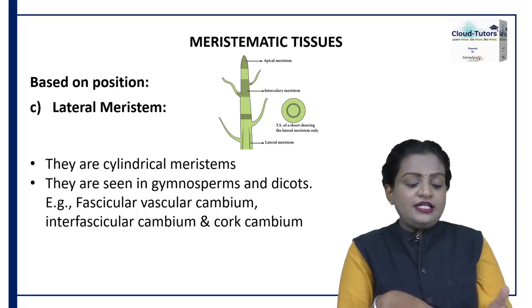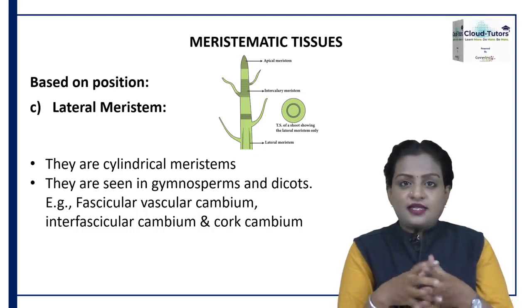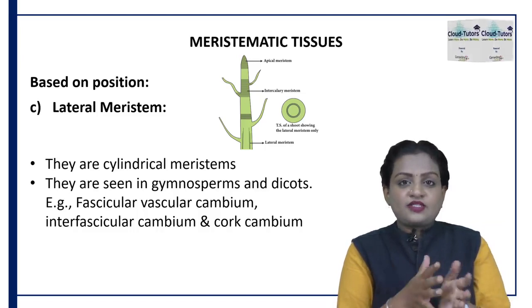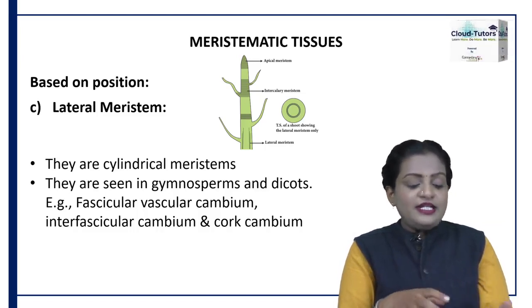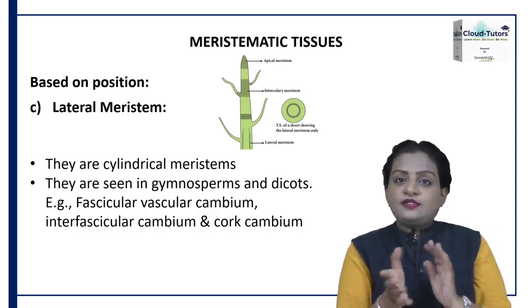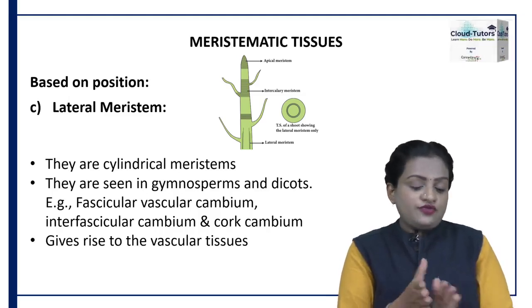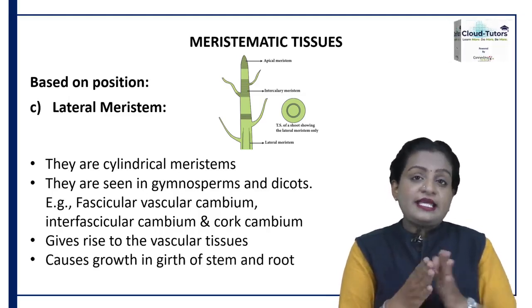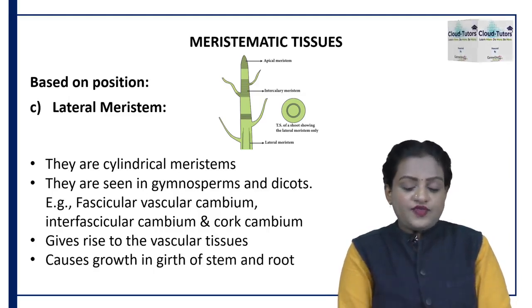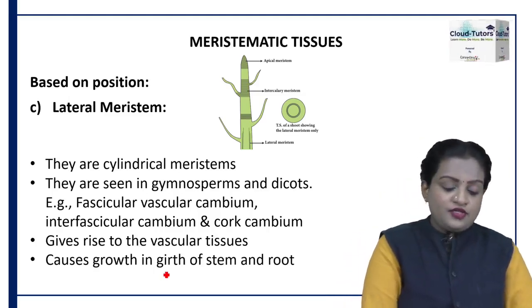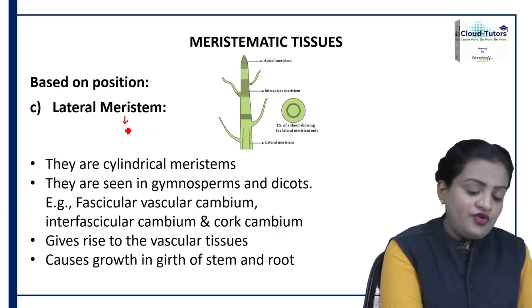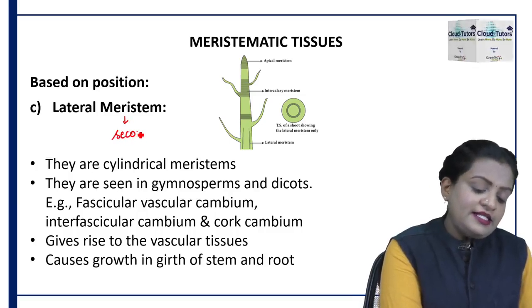That is, fascicular vascular cambium is present in the vascular bundle, between the interfascicular cambium present between xylem and phloem. And they give rise to the vascular tissues and they increase the girth of the stem and root. So they are basically helpful in secondary growth.